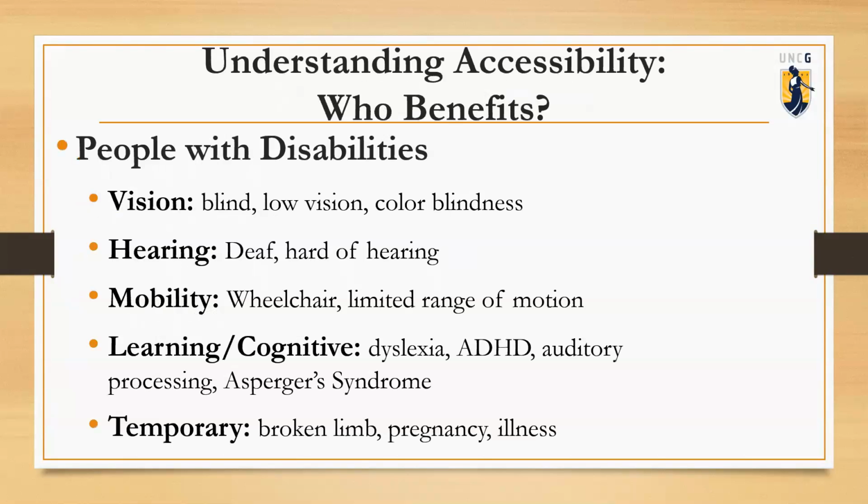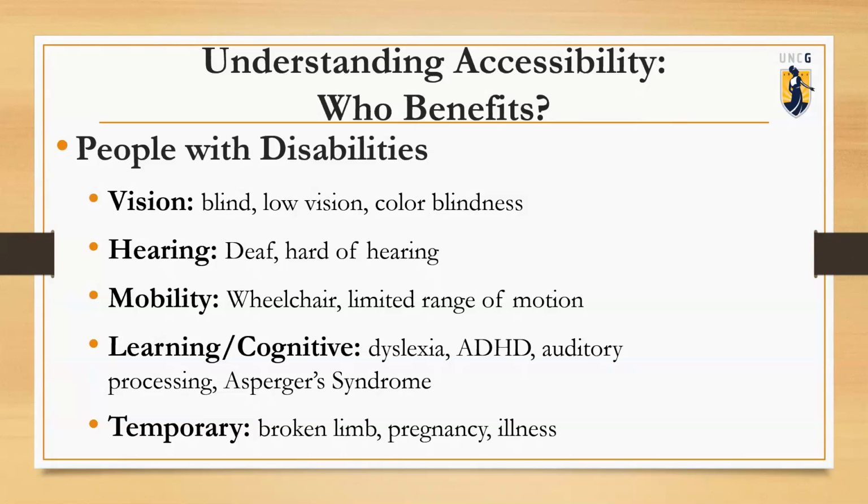So the obvious answer to who benefits would be people with disabilities. Students who are enrolled in online courses really need to be able to access all content in that course. And you have your categories here. There's vision, hearing, mobility, learning and cognitive, which can include dyslexia, ADHD, auditory processing, Asperger's syndrome, just a few examples there.